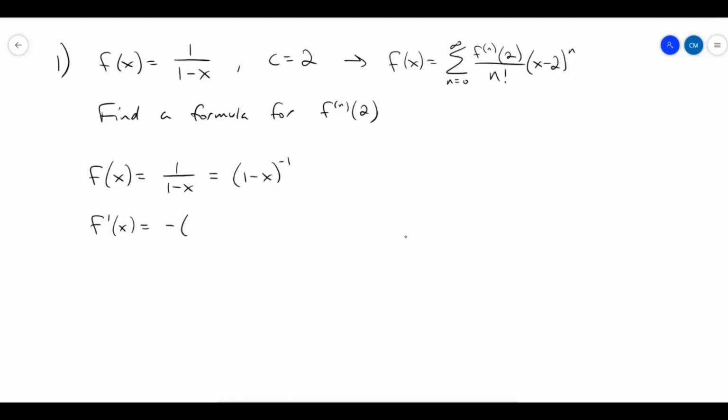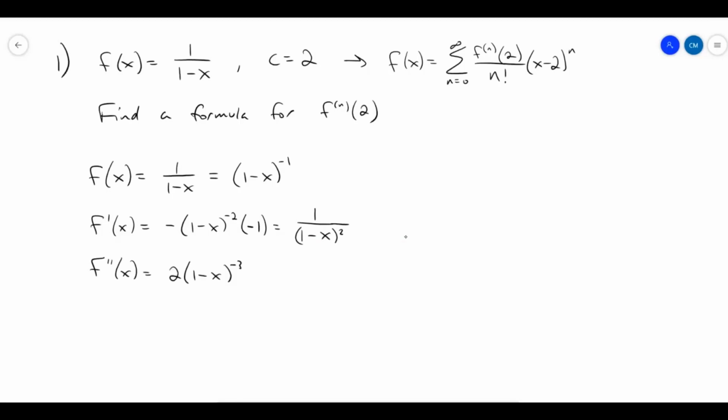So this becomes negative 1 minus x to the negative 2, and then don't forget that there's a chain rule here. The derivative of the inner function is negative 1, and so this is going to become 1 over (1 minus x) squared. Okay, so that's the first derivative. Let's see what the second derivative is. So notice the second derivative, I'm going to have that negative 2 come down.